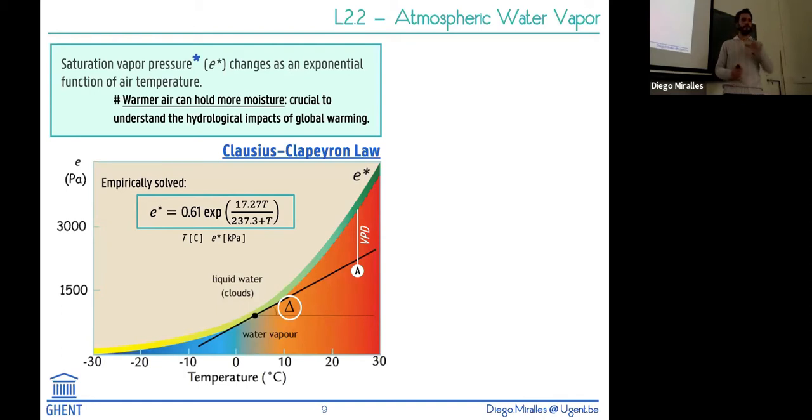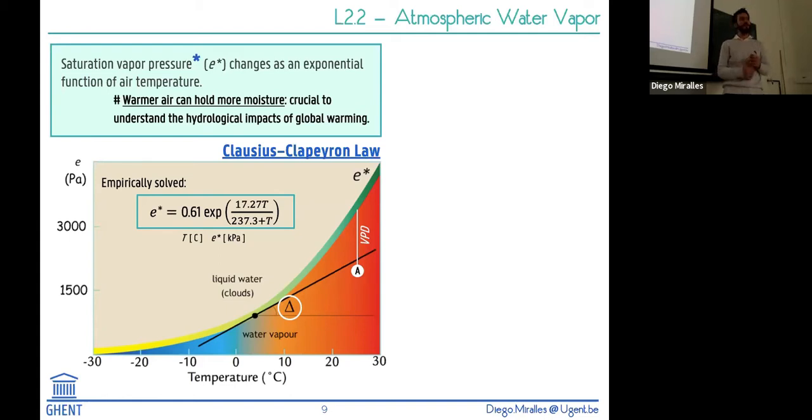So the actual water vapor pressure that you have is called E, as you saw before. The saturation one is called E star, the amount of water that you can have in a certain atmosphere before it saturates, measured in units of pressure, in pascals. So that's called the saturation vapor pressure, and that's very important as well.